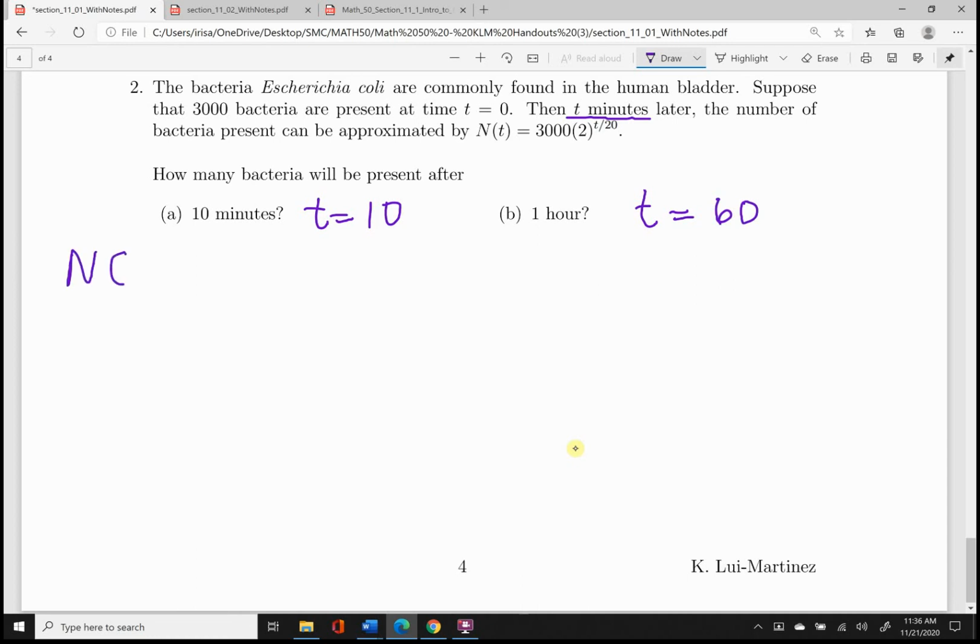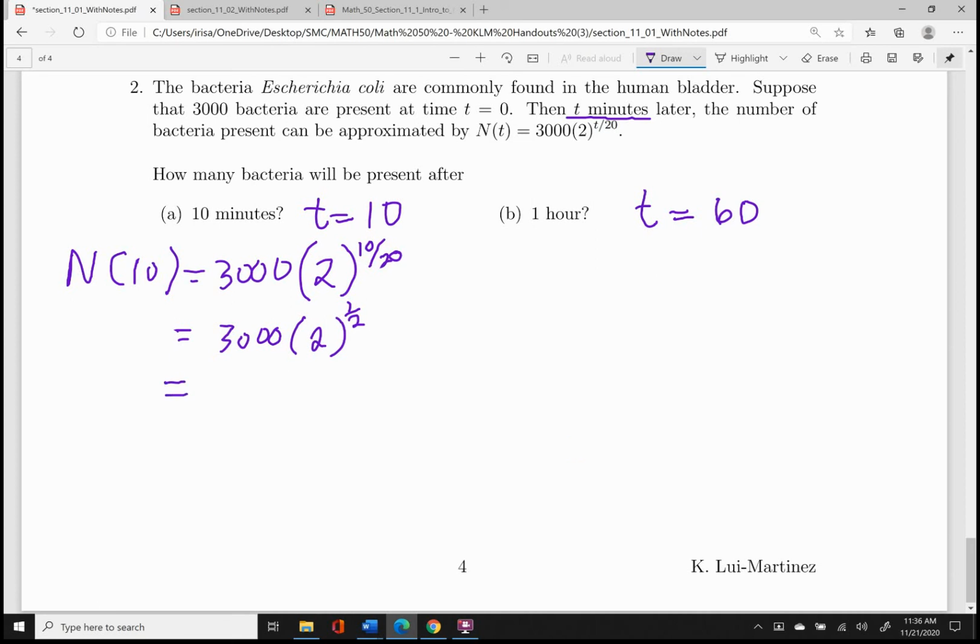So N of 10 is going to be 3,000 times 2 to the 10 over 20 power. We can reduce this fraction as we plug it into our calculator, which will give us 3,000 times 2 to the, what's 10 over 20? 1/2 power. You'd enter the power into your calculator as 0.5 if you want, okay?